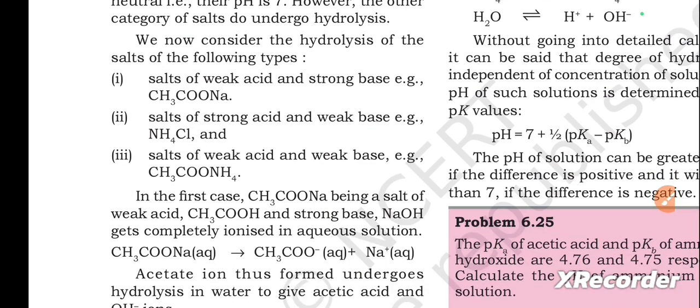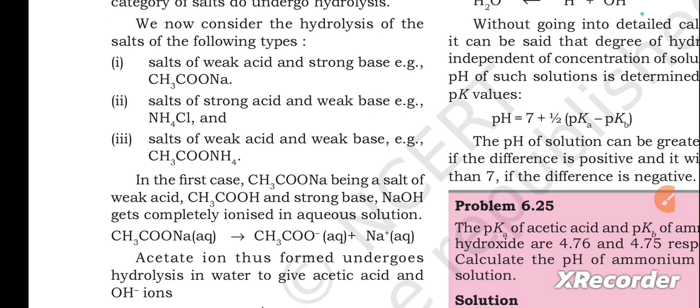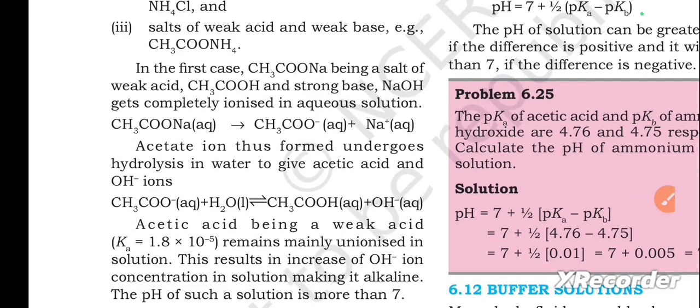First, salts of weak acid and strong base, example CH3COONa. Second, salts of strong acid and weak base, that is NH4Cl. And third, salts of weak acid and weak base, example CH3COONH4.